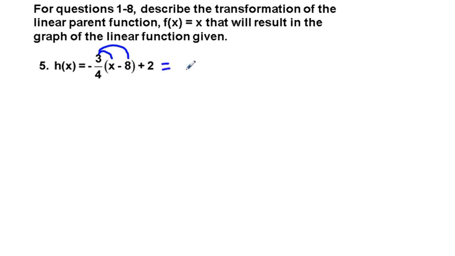And so working to the right, we have -3/4 times x. And then we're going to have a minus minus, right? -3/4 times -8. So that's going to end up being a plus 3/4 times 8. And then we bring over this plus 2.